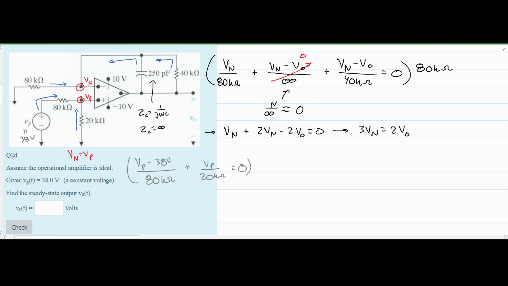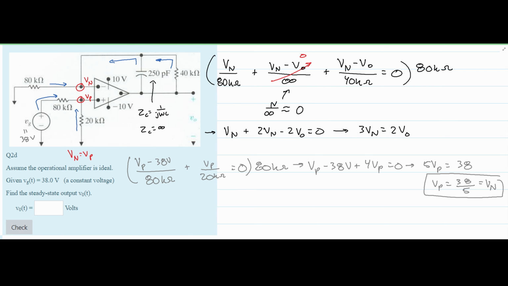We're going to multiply everything by 80 kilo ohms, and now rewriting this, we have Vp minus 38 volts, plus, cancel these out, 4 Vp equal to 0. So adding these together, we get 5 Vp is equal to 38, and so our Vp is equal to 38 divided by 5. And we know that our Vp is equal to our Vn.